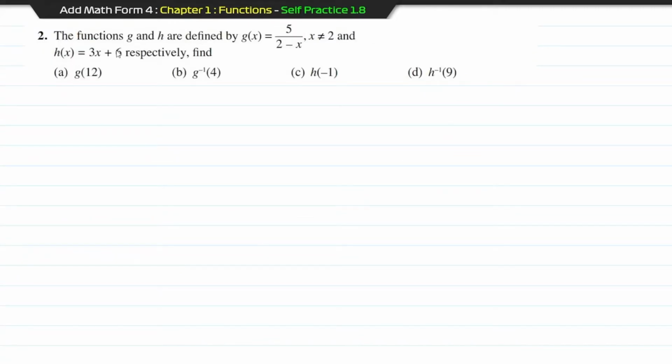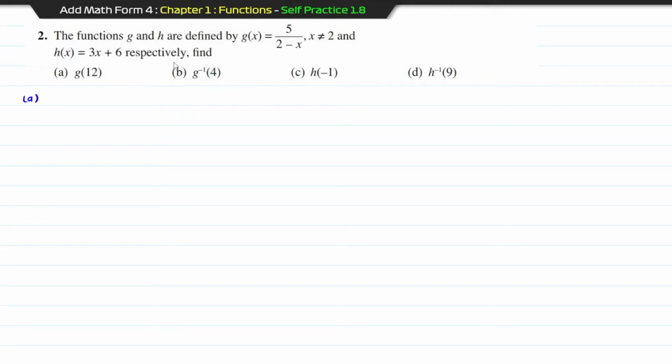Question number 2. The functions g and h are defined by g of x is equal to 5 over 2 minus x, and h of x is equal to 3x plus 6 respectively. So find A, B, C, D. Let us start with A. This one is a very direct one.